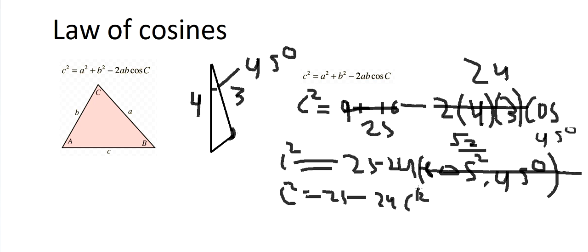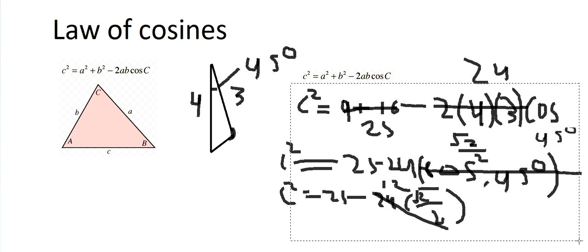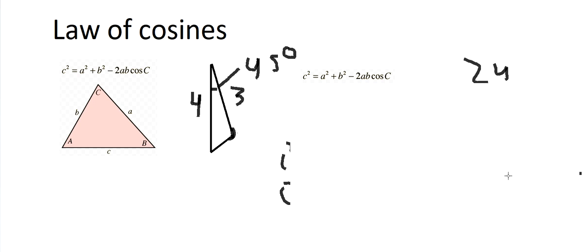So we had c squared is equal to 25 minus 12 square roots of 2.